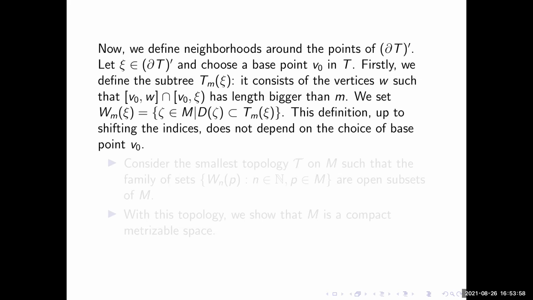It is containing all those vertices W, joining the geodesic V0 to W, and take the intersection with the geodesic ray V0 to xi. Its length should be bigger than point J of this del T prime.